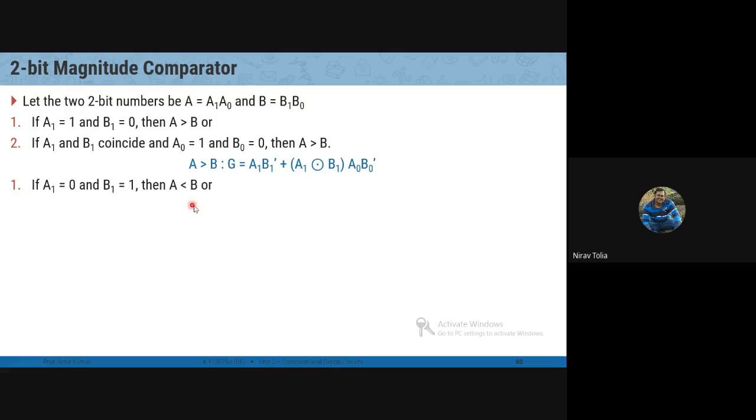But in the OR condition, if my A1 and B1 coincide with each other, meaning either both are 0 or both are 1, then the second thing is my A0 must be 0 and B0 must be 1.